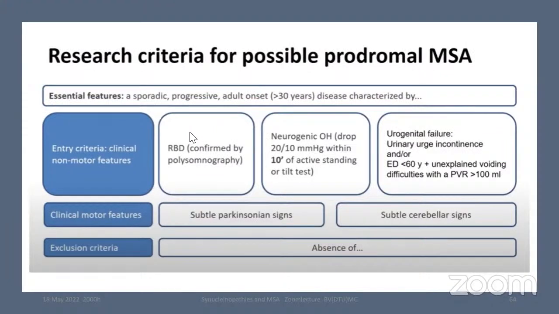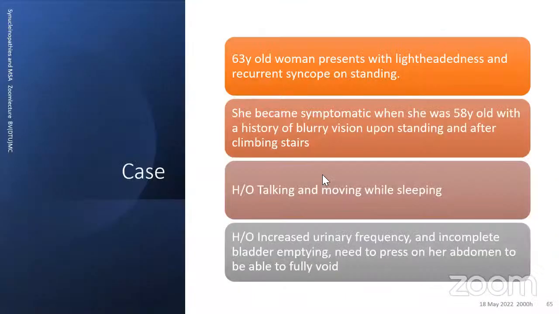Neurogenic orthostatic hypotension, the drop in blood pressure 20 by 10 mmHg within 10 minutes of active standing or tilt test. Urogenital failure, urinary urge incontinence, and erectile dysfunction less than 60 years, unexplained voiding difficulties with a residue of more than 100 ml, subtle Parkinsonian signs, subtle cerebellar signs, and absence of exclusion criteria, what we have discussed. All these are research criteria for possible prodromal MSA.